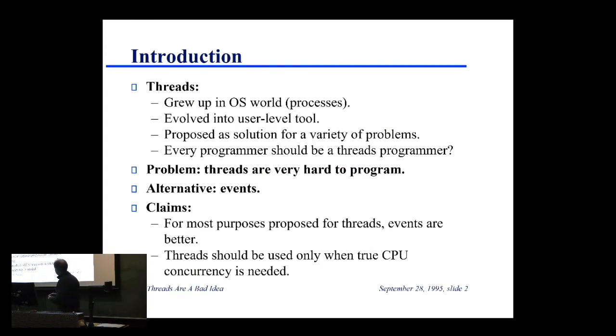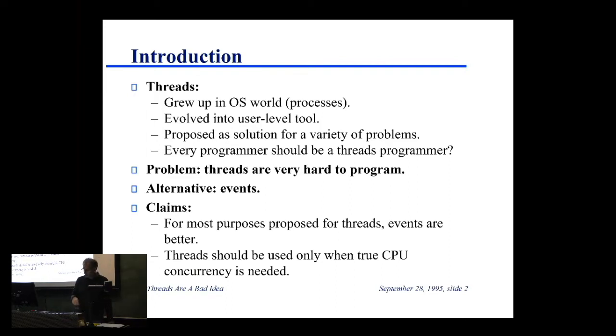I will skim relatively quickly on some parts because you've had probably 2 hours now with threads and events, so a lot of this background is going to be fresh in your mind. So threads, what are they? Threads basically came about as a way of managing activities of processes inside the operating system itself. It took quite a long time in computer science for threads to be an application level abstraction that people expected to be able to use.